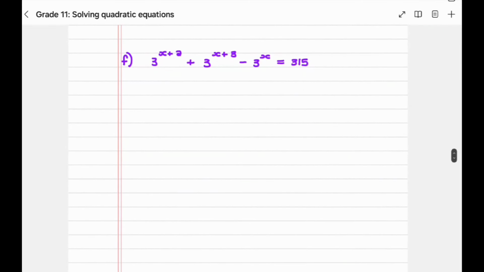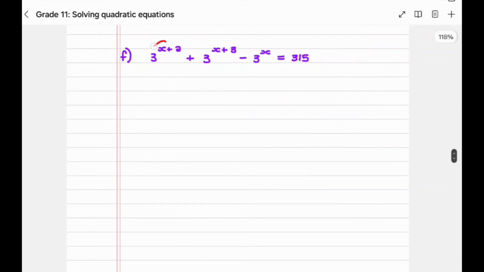All right. Over here, if you want to, you can make 3 to the power x a k value. So let's make 3 to the power x a k. You must just now be very careful. What is left there? It's a 3 to the power of 2, and 3 to the power 2 is a 9k.